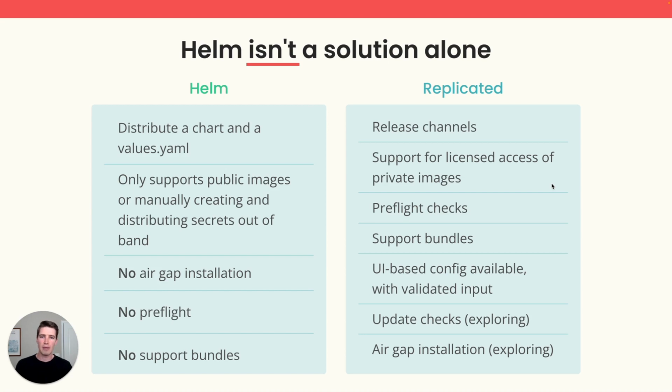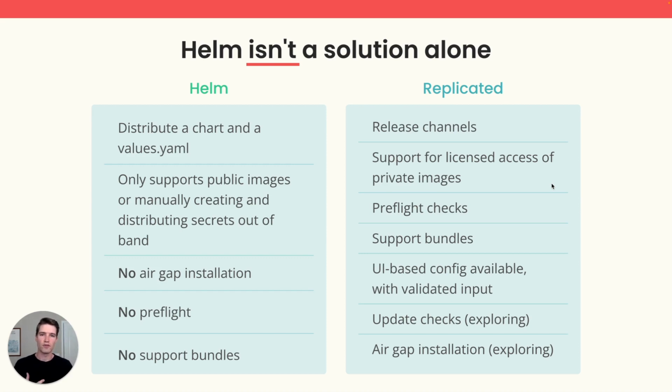And for a little bit of background on why we're building this, if you want to deliver an application as a Helm chart to your customers, Helm isn't a solution in and of itself. There's a lot of stuff that Helm can do, and there's a lot of gaps that it has as well that Replicated hopes to fill. So you can distribute a chart and your values YAML to install that application into the customer's environment, but that's only going to support public images, or you're going to have to manually create and distribute secrets out of band to each of your individual customers.